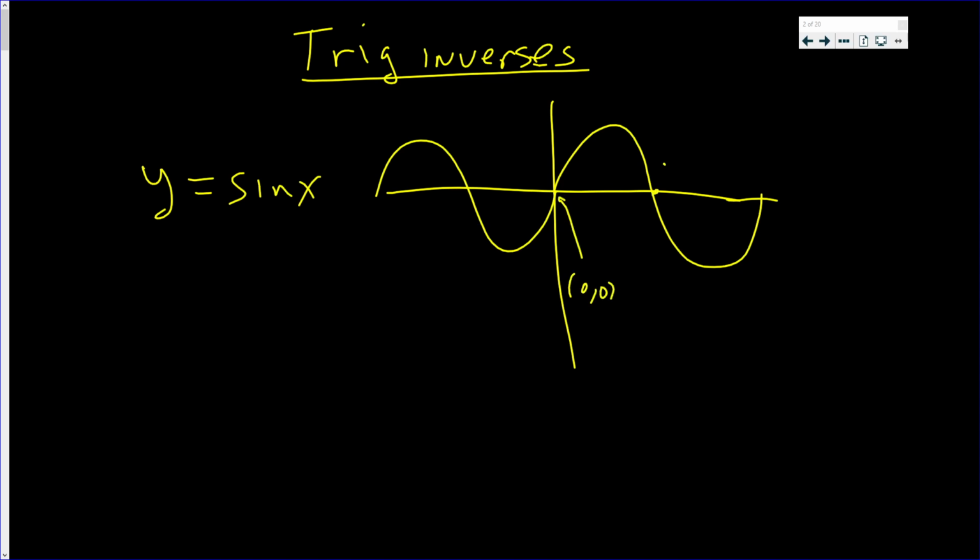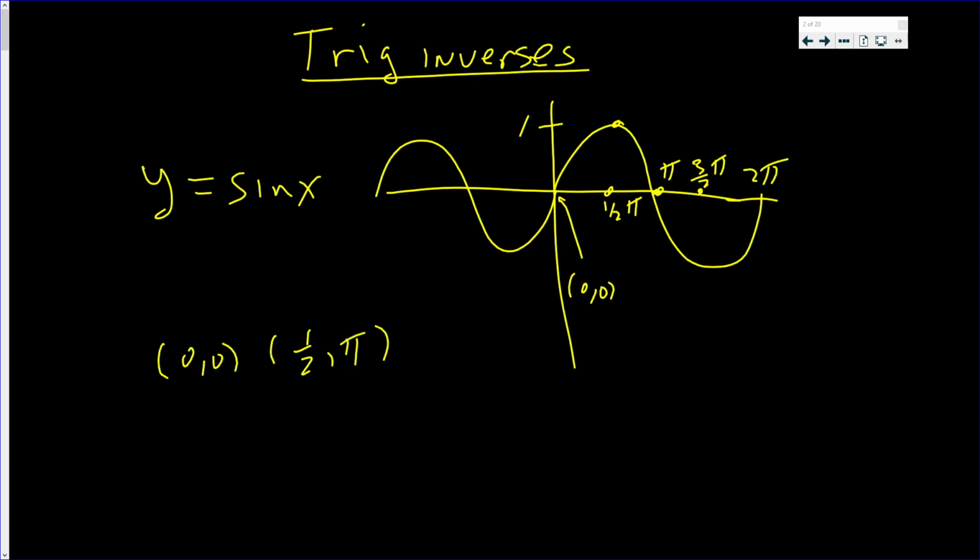So this is going to be pi, 2 pi, and these will be half pi and 3/2 pi. So let's keep a list of the points. 0, 0. The highest value is 1. So that's going to be 1/2 pi.